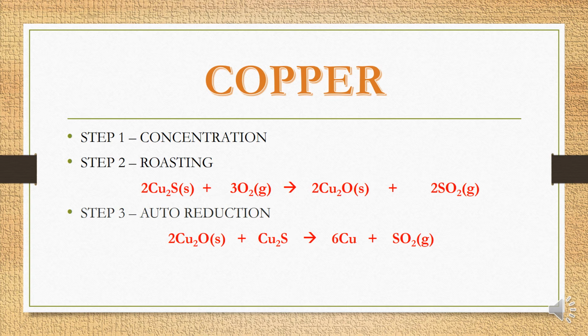Now this concentrated ore will be taken, and step 2 will be employed, which is called roasting, because it is a sulfide ore. So again this copper sulfide will be strongly heated with oxygen rich air, where oxygen will remove sulfur from copper sulfide to turn it into copper oxide, and sulfur will escape as sulfur dioxide.